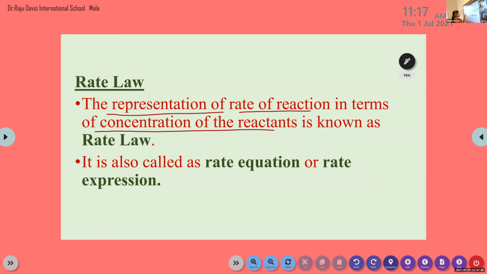Here, the representation of rate of reaction in terms of concentration of the reactants is known as rate law. It is also known as rate equation or rate expression.